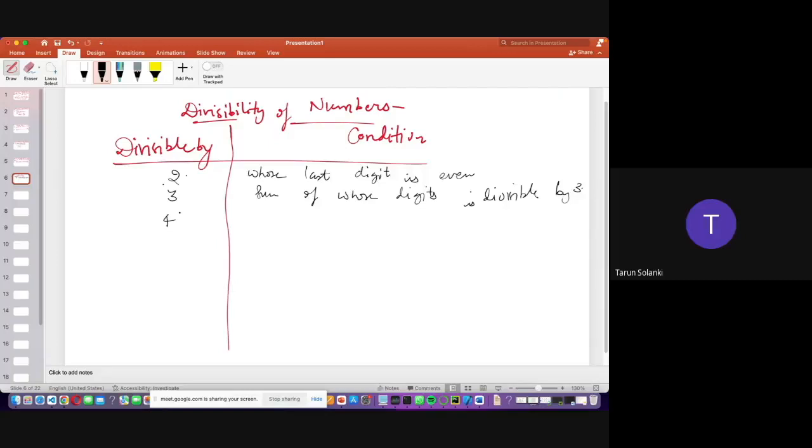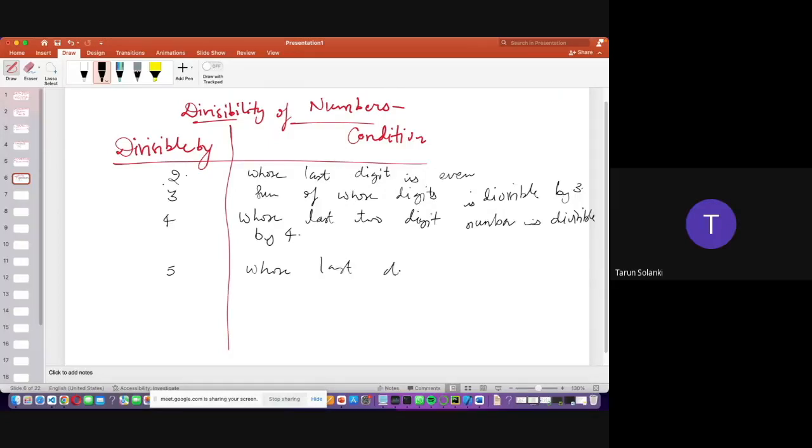Next is the fourth one, whose last 2 digit number is divisible by 4.